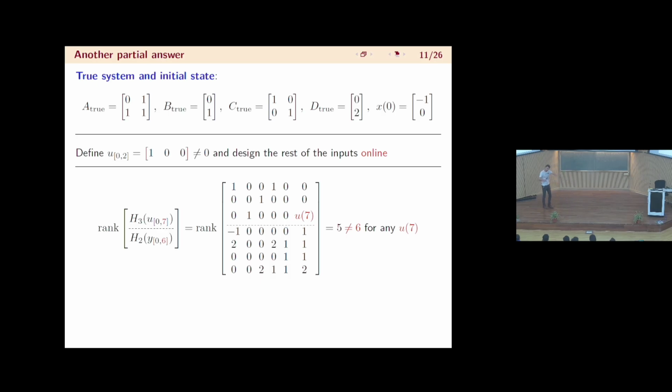No matter which input I apply, I always get that this rank is 5. That is the moment where the stopping criterion is activated. So at that moment I stop my online procedure.